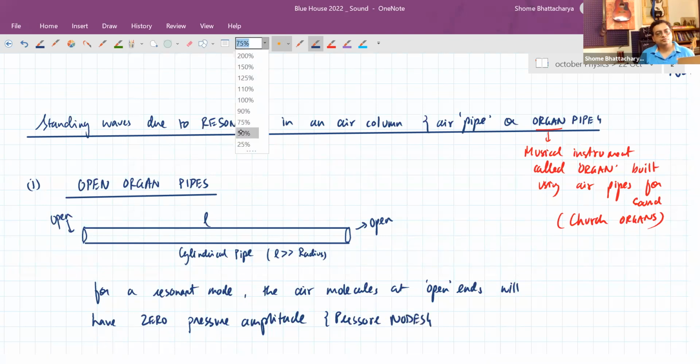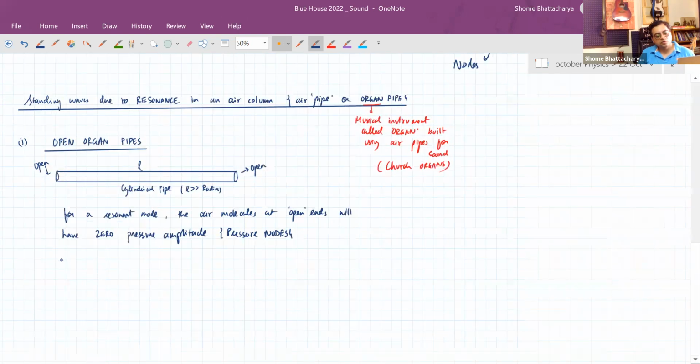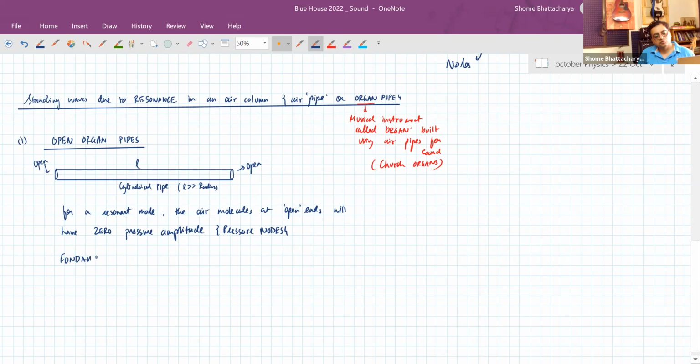So the fundamental mode will be one where the two open ends are consecutive pressure nodes, and in between we have a pressure antinode.